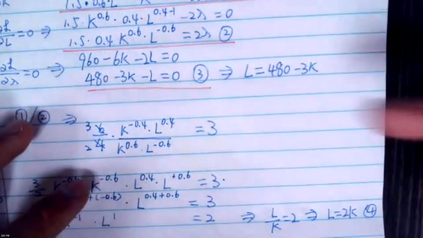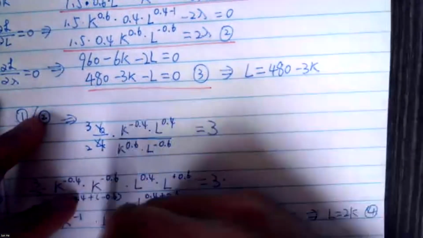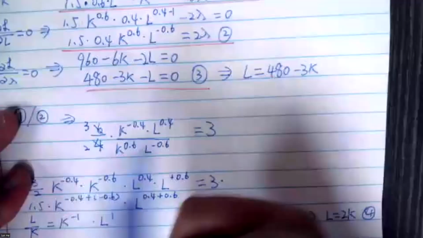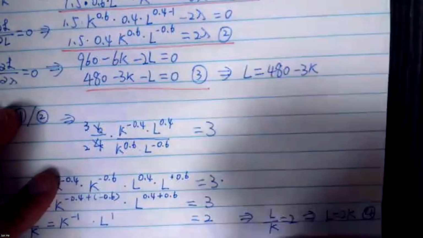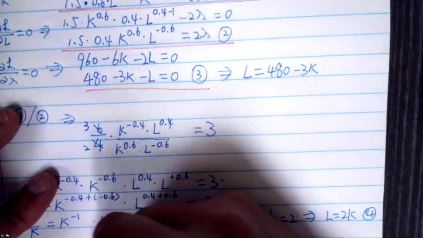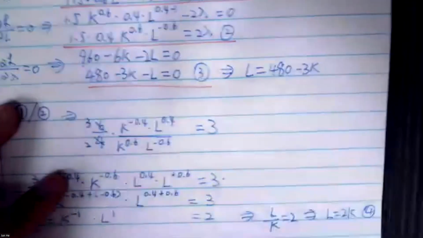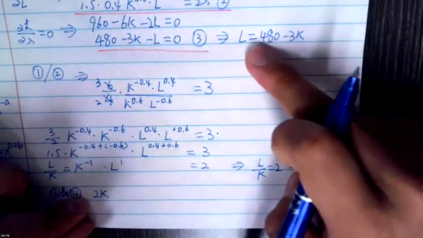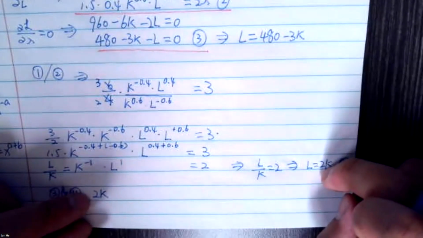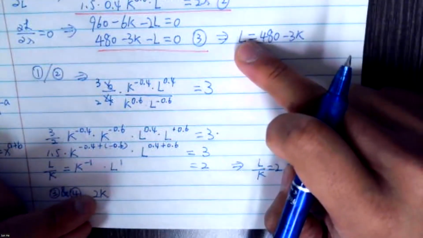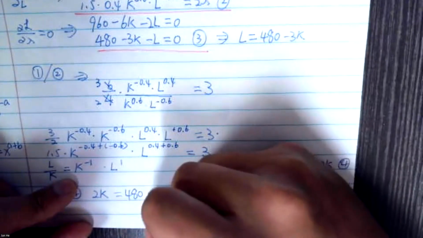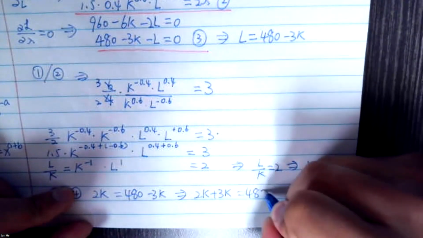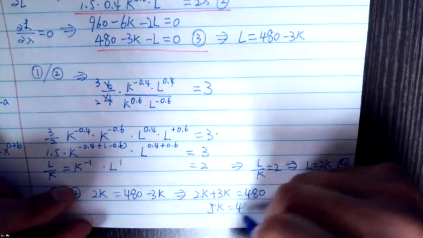Okay, then here we can solve for K. So that is 3 and 4. L equals 2K, right? So we replace the L from equation 3 with the information in equation 4. So the left-hand side is actually 2K equals 480 minus 3K. So that's 2K plus 3K equals 480. 5K equals 480.